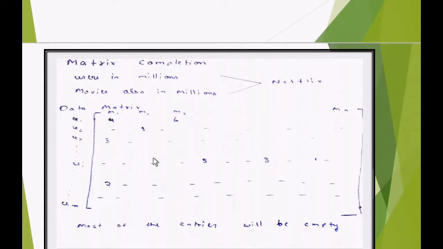And by filling all these entries, Netflix gives us the recommendation for the next movie we want to watch. So although there are other uses of matrix completion, like clustering, in Netflix matrix completion is used to give recommender systems, and these data matrices are extremely sparse in nature.